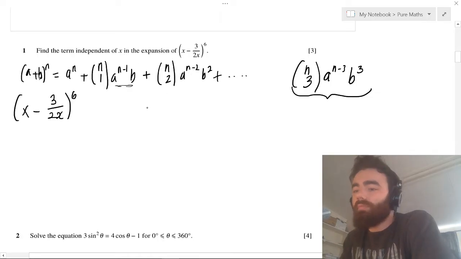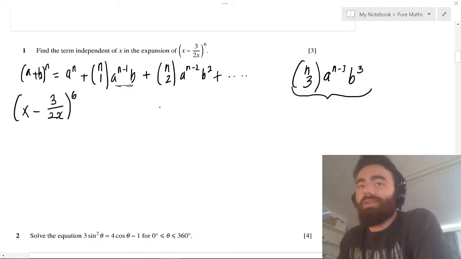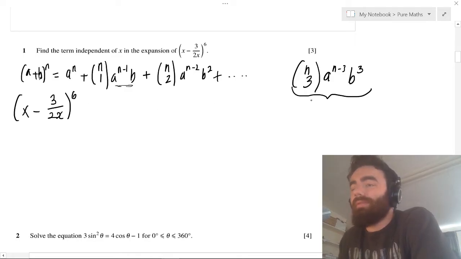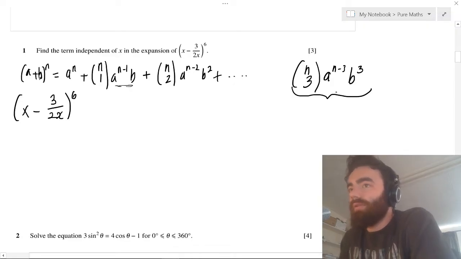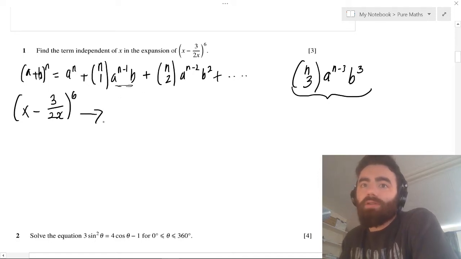You could expand it all out if you don't believe me, but I'm telling you, this is what is going to happen. The x's are going to cancel. It's pretty obvious, and that saves you a lot of time to answer this question. So the term that we care about is this one.